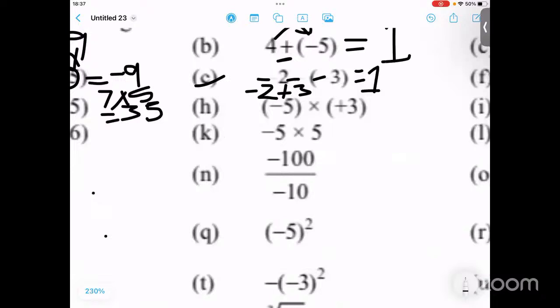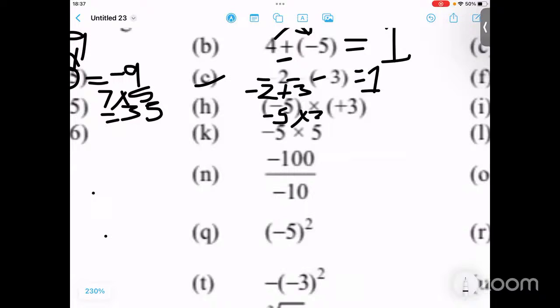And then let's go to H. We have a minus 5 in brackets multiplied by positive 3 in brackets. How are we going to answer this one? I think you should say -5 times 3, and then your answer should be -15.